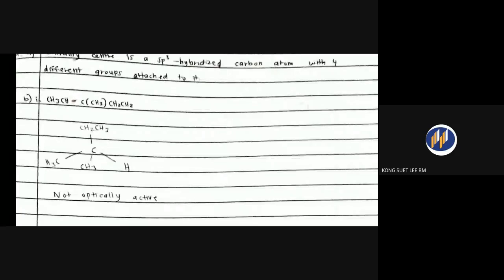First point, C kena ikat dengan C, C you tak boleh ikat dengan H. Ini pantang larang semasa you buat lukisan. CH2, CH3 dia sepatutnya C dia kena ikat dengan CH2 tu. Another one yang bawah tu CH3 dia kena ikat dengan C juga. Kedua, soalan ada double bond ke tak?